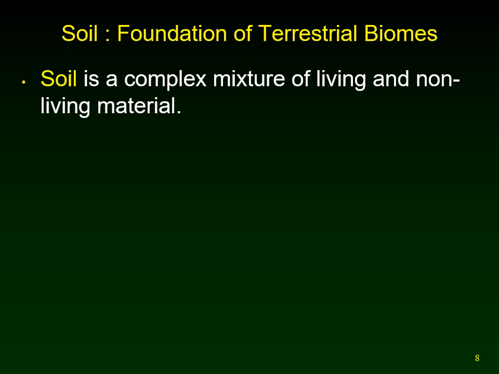But we also have living things in the soil. We have organic material. We've got worms, insect larvae, moles. So it's a mixture of living and non-living material making up the soil. Soil is not sterile. It's full of bacteria, full of fungus, full of living organisms.